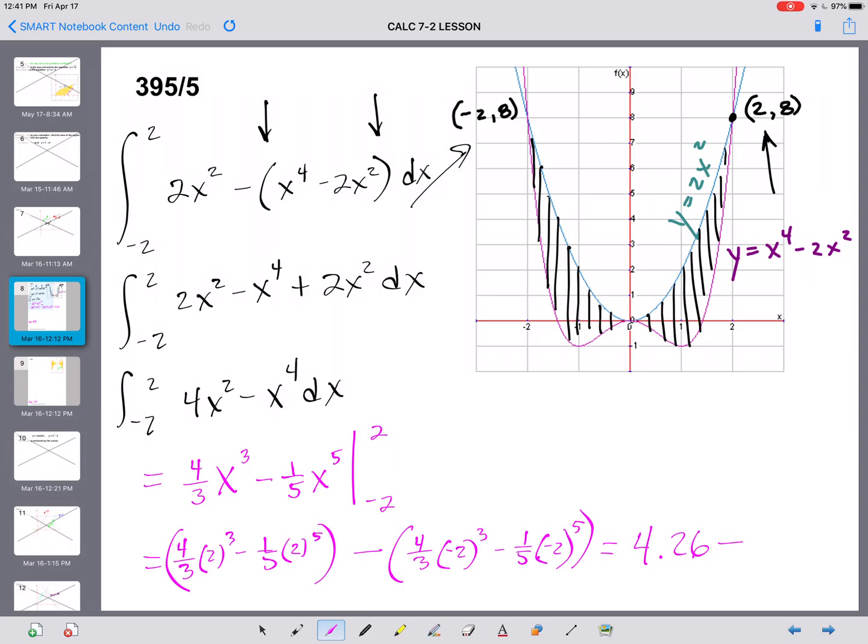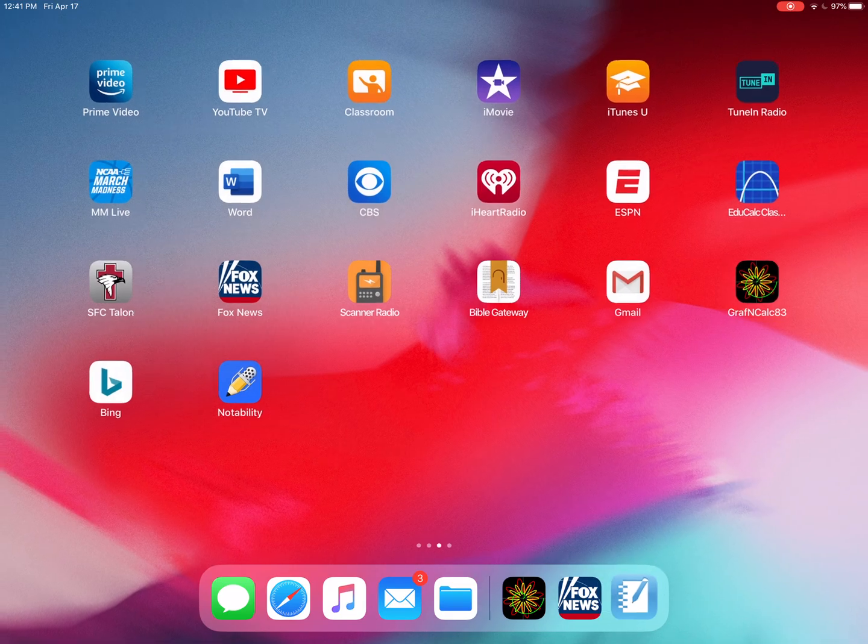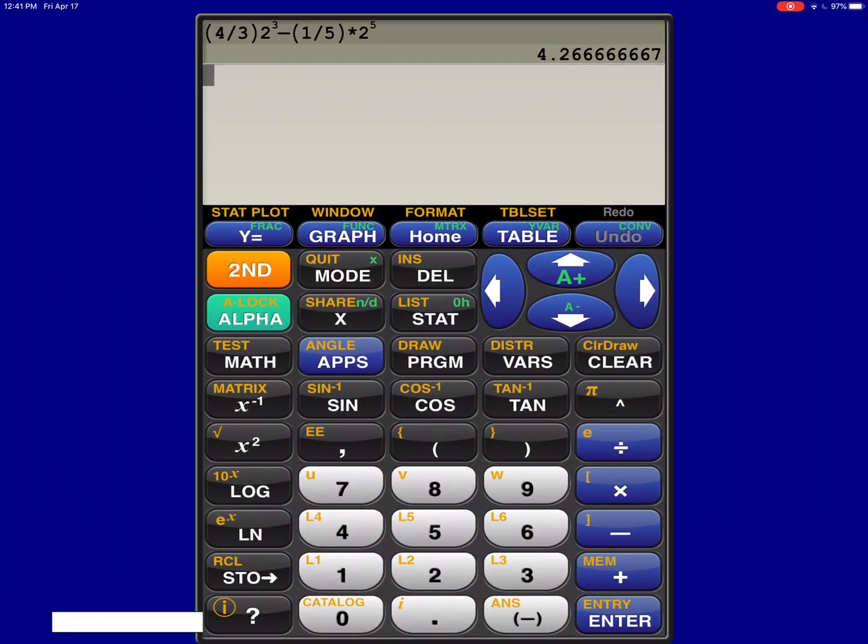We're going to do the same thing, but -2 is in there instead of the 2. Parentheses, 4/3, times parentheses, -2 raised to the 3rd. If you have a negative number, make sure you put parentheses around it. It's not going to be correct unless you do it.